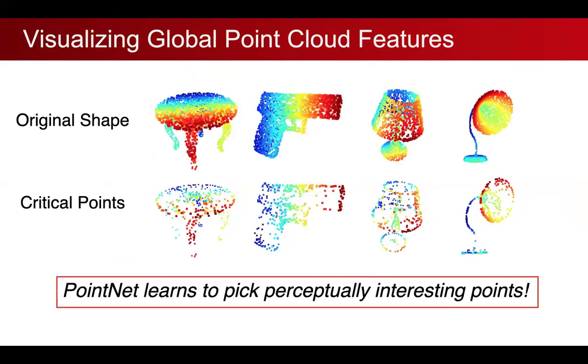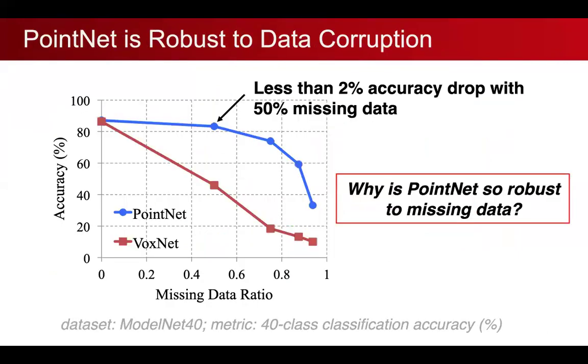And here we see the points that are concentrated in terms of the processing and analysis by the PointNet neural network. So basically, it picks up the interesting points in terms of perception and the structure of the shape. And that's the reason: you can drop redundant points, and the network is going to concentrate on the important points. And that gives very good robustness in terms of data corruption.